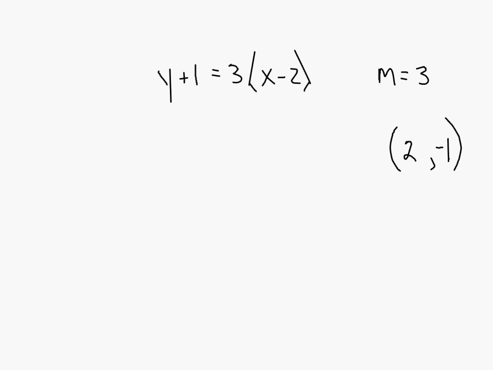Right? The opposite of your y goes with the y. The opposite of your x goes with the x. So if negative 2 is with the x, then 2 is on the line. If there's a plus 1 with the y, then negative 1 is the y coordinate. And you could plot that point, 2, negative 1.